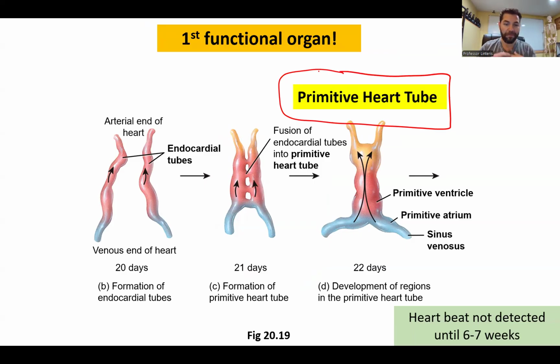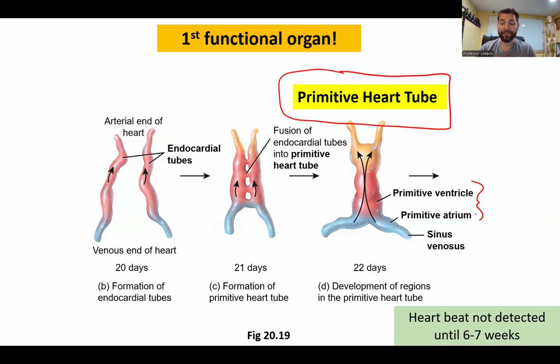There are endocardial cells. They fuse together and make a heart tube, if you will. And you have what is, in theory, a functioning, very simple, basic heart. You have base level atrium, base level ventricles, right? Base level veins, the sinus venosus.